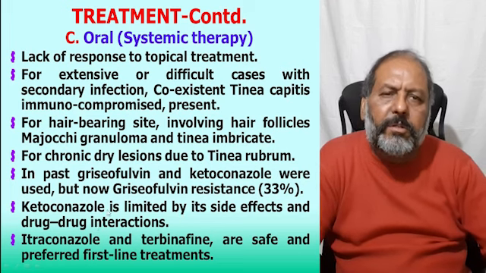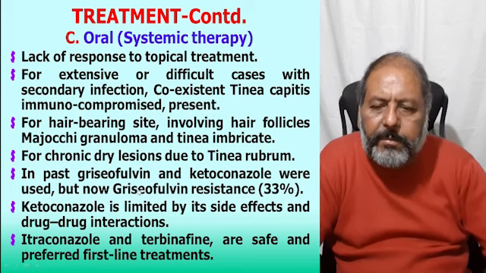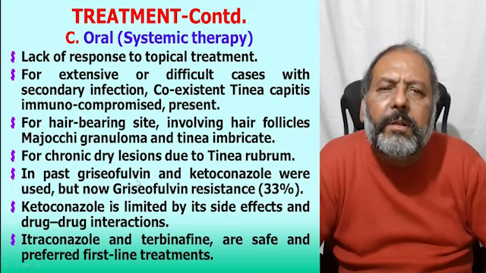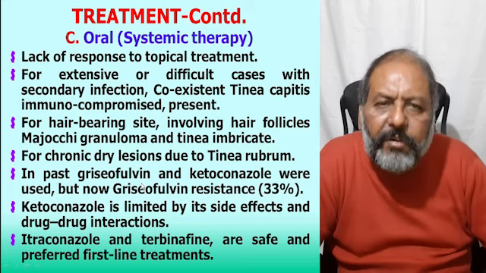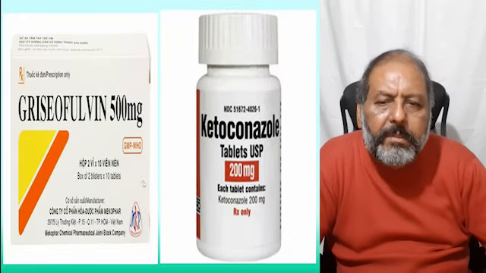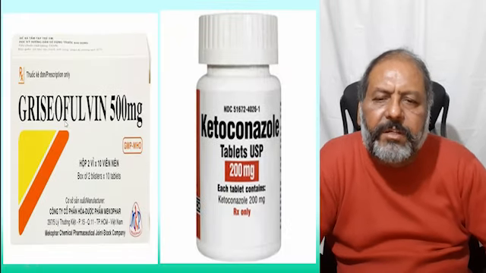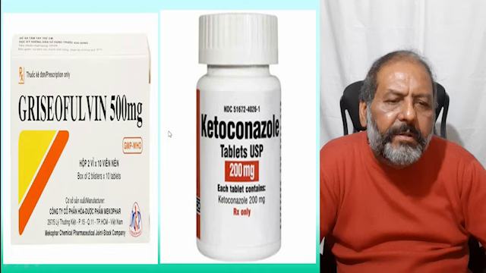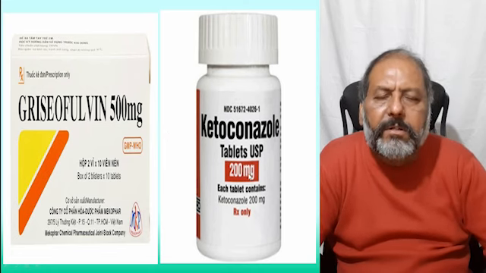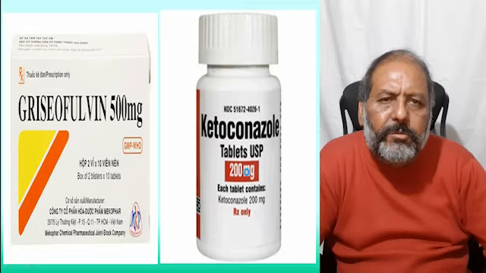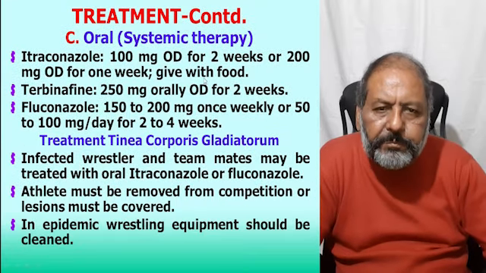So ketoconazole already is not a preferred treatment. Itraconazole and terbinafine are safe and preferred first-line oral treatment. So here one can see the griseofulvin and ketoconazole. These were the drugs of the past, now not being used and discontinued.